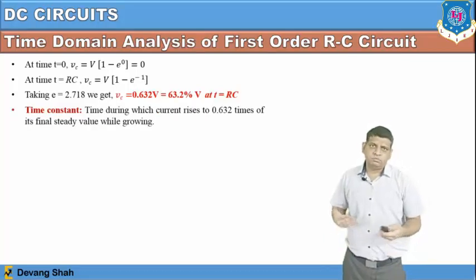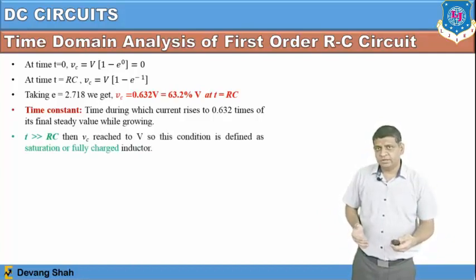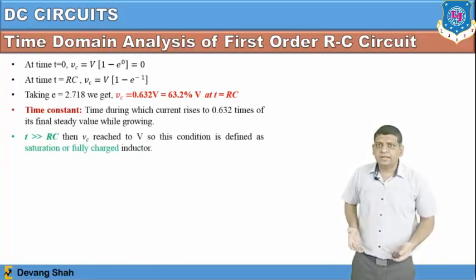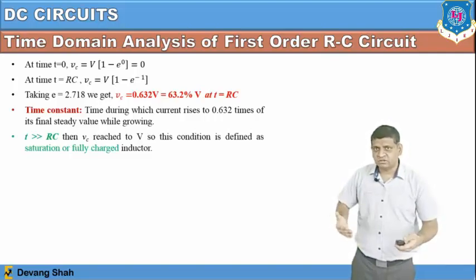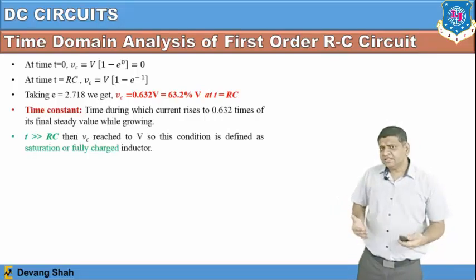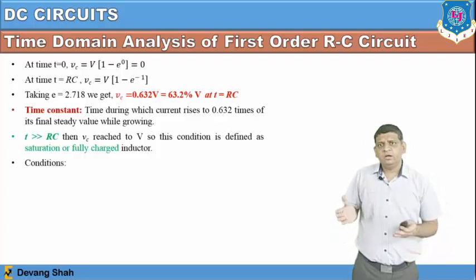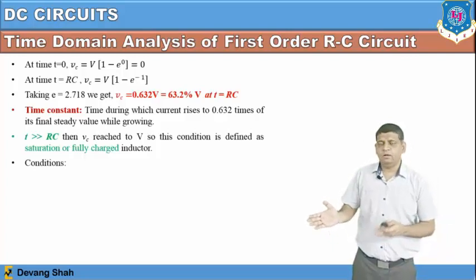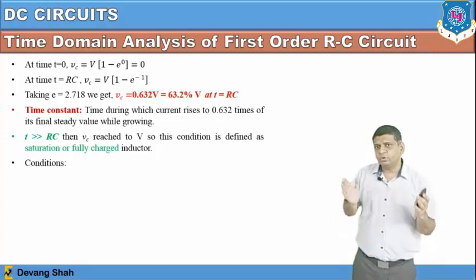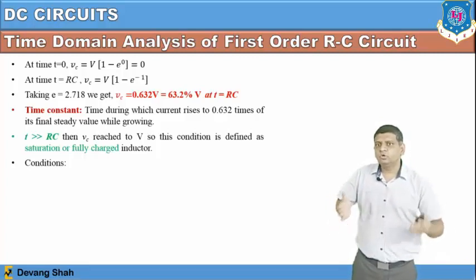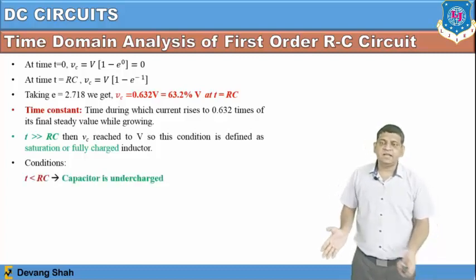So again we have discussed the time constant. When I take t much greater than RC, in this condition the capacitor will be fully charged, right? Why is this very important? Because here you will find the conditions between the closing of the switch and the multiplication of the values of R and C. So once you have these two parameters, you will find three conditions. Condition number 1, when t is less than RC, what happens?